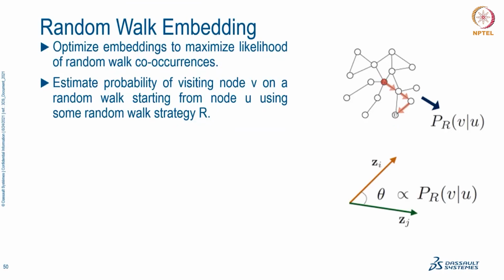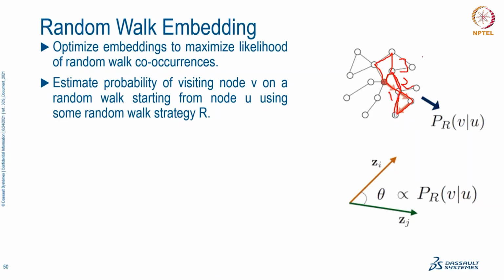We'll have random walks multiple times. One time I reached V this way. Another time I went from this node to this node and this node to this node. Another time I reached the V node this way.